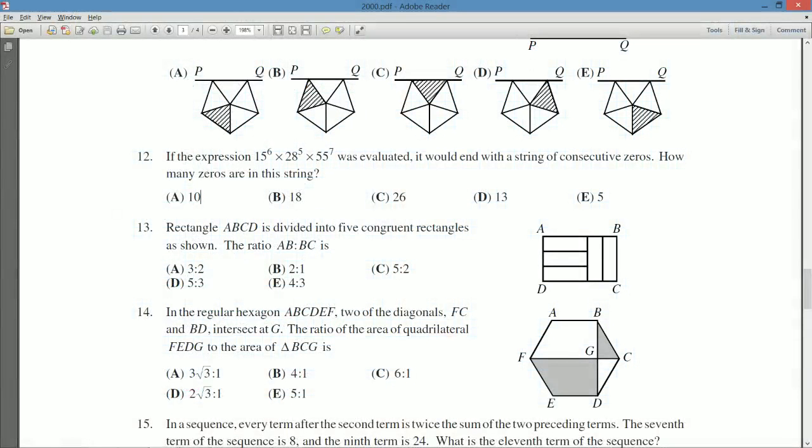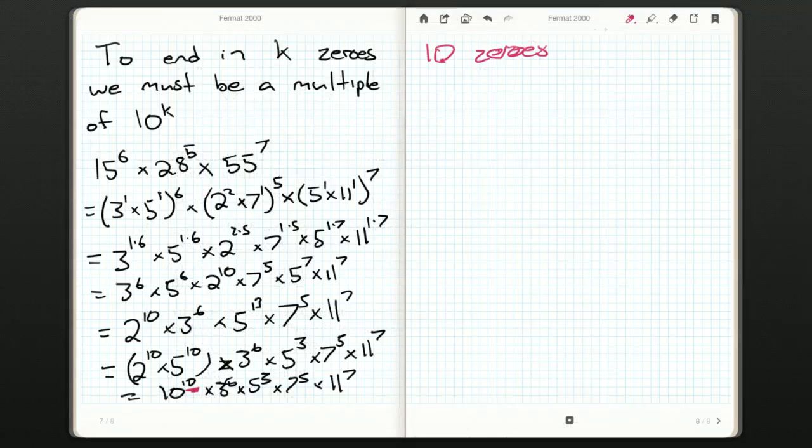And it's A. 10 zeros, giving us answer A. Alright.